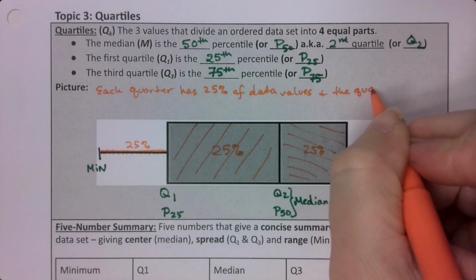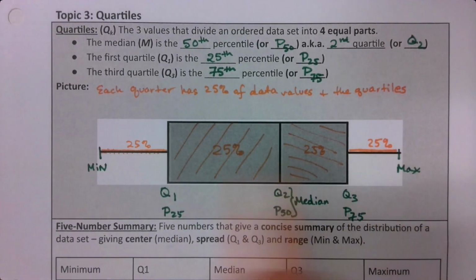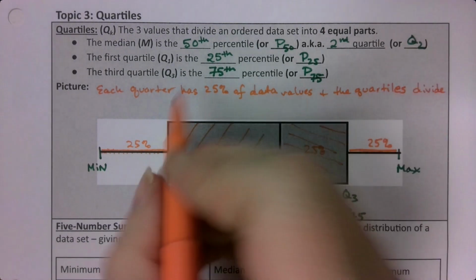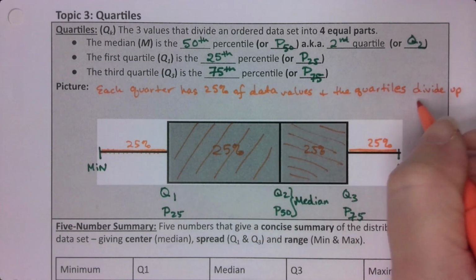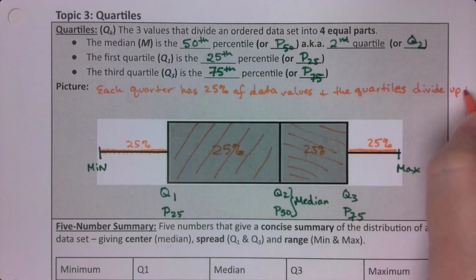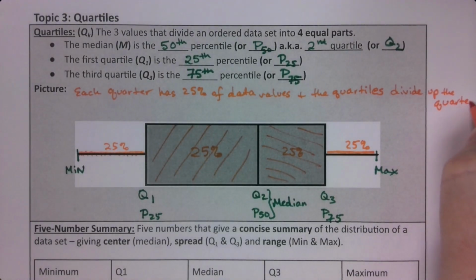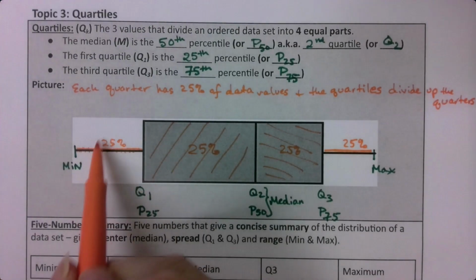The quartiles mark them off, right? Divide them up, right? Divide those quarters. I'm just going to put it right here. Right? This is a quarter.